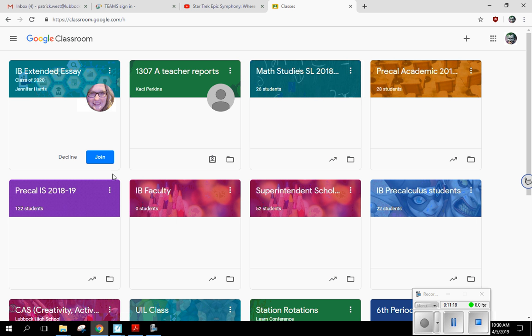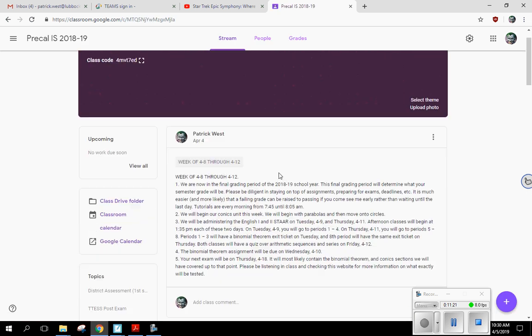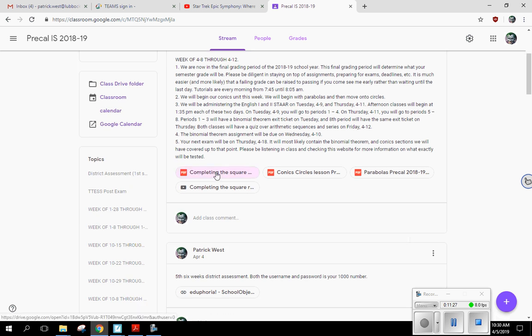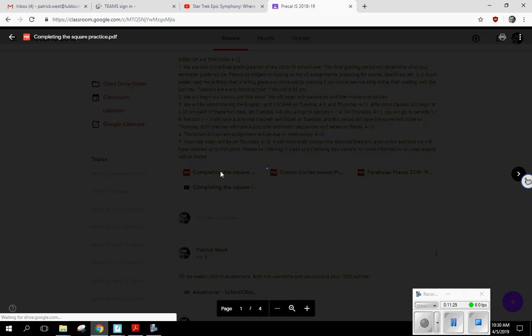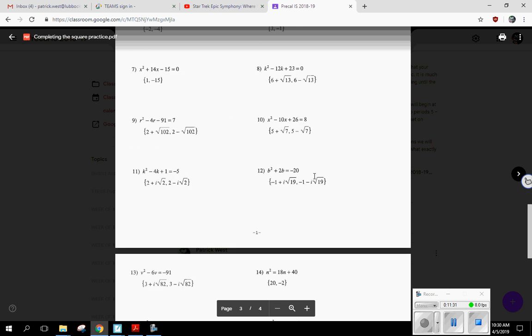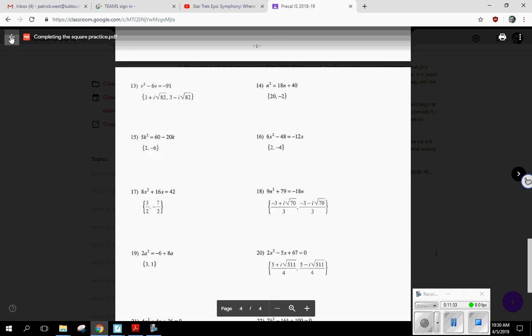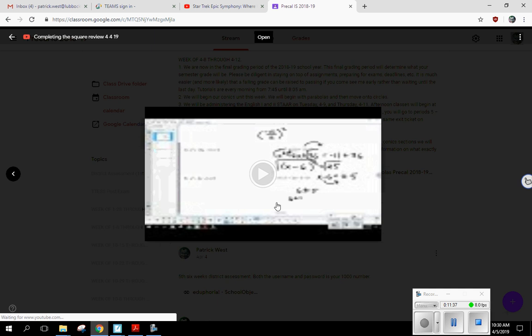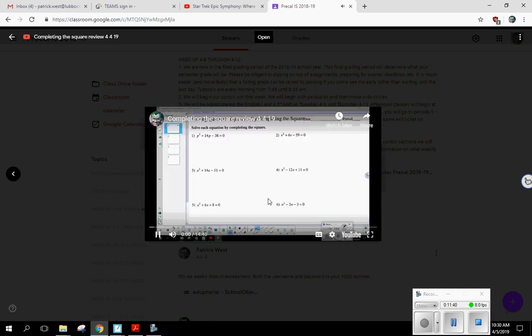Okay. So I did this the other day. In the newest listing for next week, the week of the 8th to the 12th, I did go ahead and upload just some more notes on completing the square with the answers to help you out. Now, the notes aren't filled in, but I did go ahead and record myself going through it.